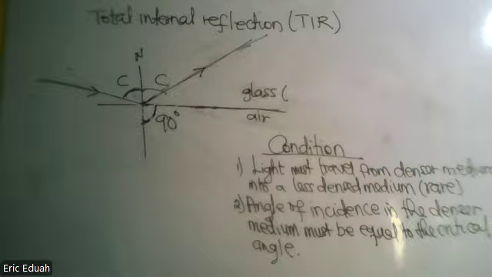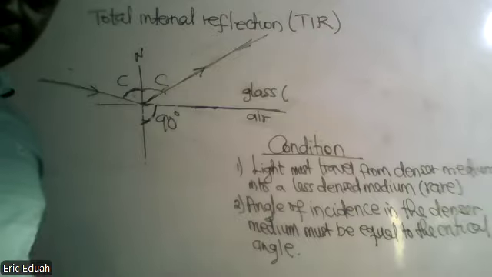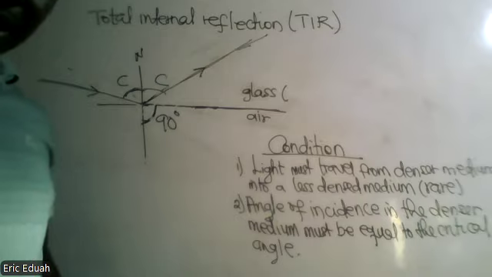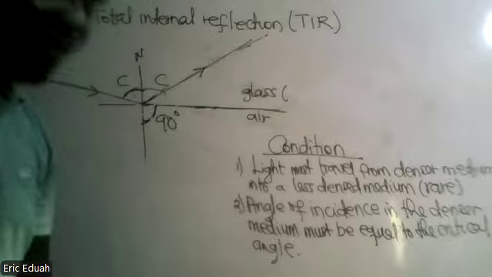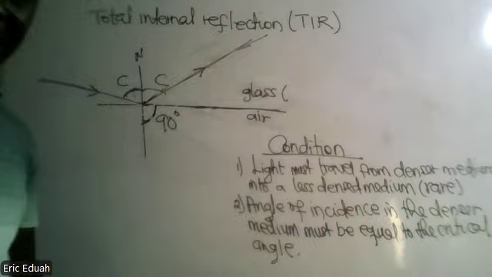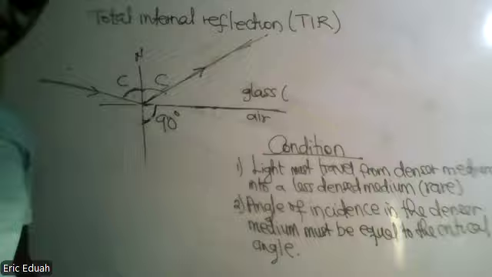And when these conditions prevail, every incident light will be totally or completely reflected. This is what we mean by total internal reflection.